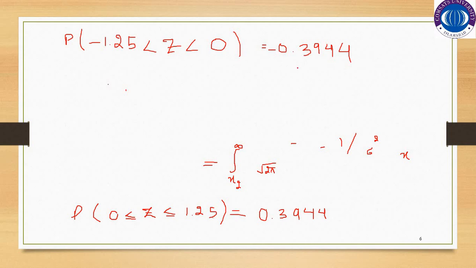It also cannot be negative. So don't make this mistake. Don't write negative here. Minus 1.25 and 1.25 have the same area from the mean. It doesn't mean that this value will also contain the negative sign. Both will be positive, 0.3944 and this will also be 0.3944.